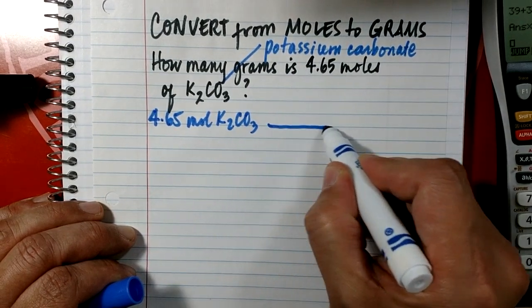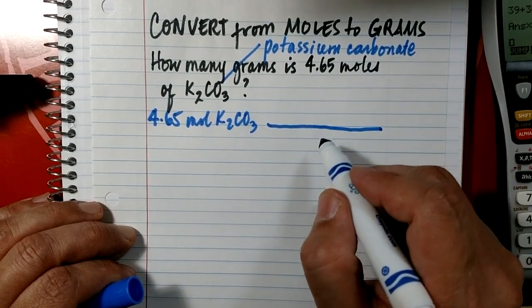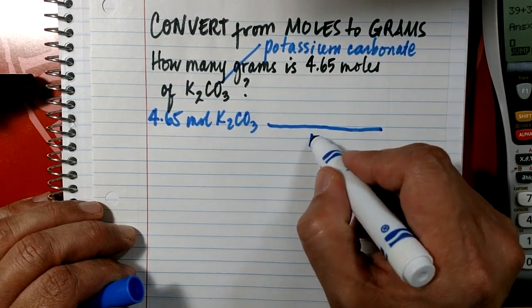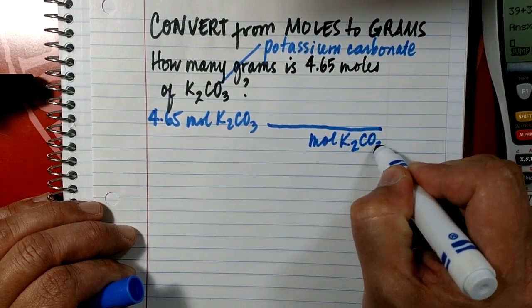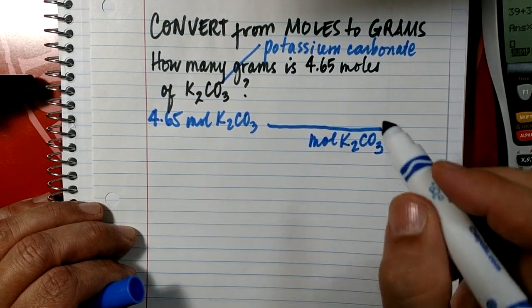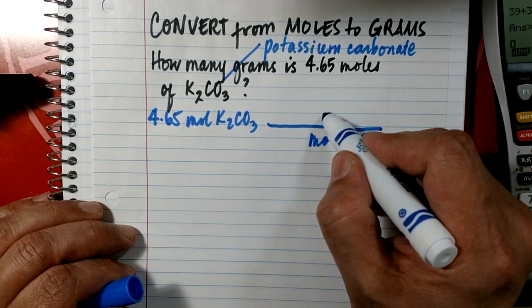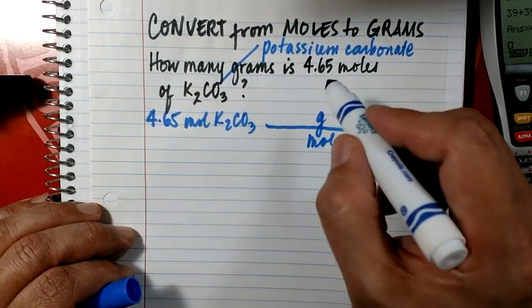And the units that we place in the conversion depend on what we're trying to cancel out. In this case, we're trying to cancel out moles. And so that's why we put moles of potassium carbonate on the bottom of the conversion. And on the top of the conversion, we write down grams because the question says how many grams.